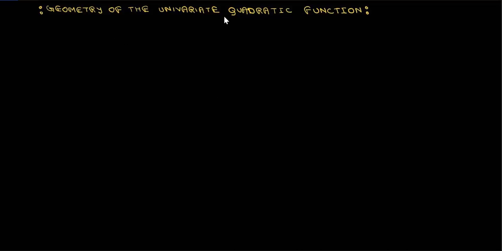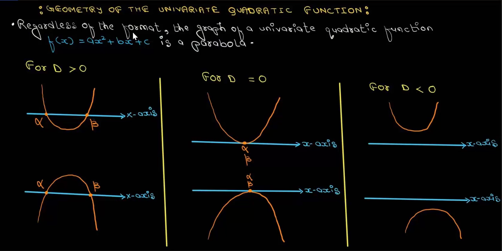Geometry of the univariate quadratic function. Regardless of the format, the graph of a univariate quadratic function, f(x) equal to ax square plus bx plus c, is a parabola. So there will be three types of graphs you will come across.